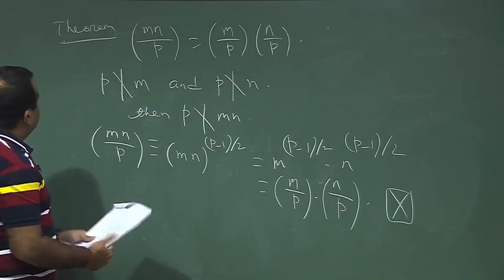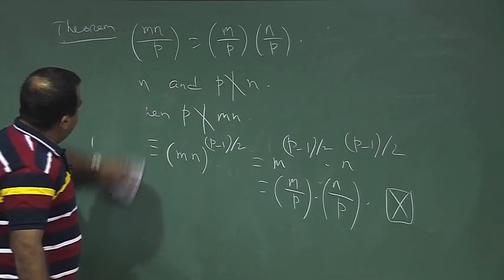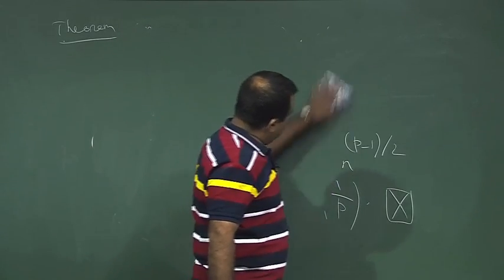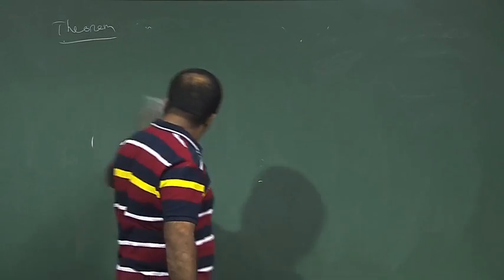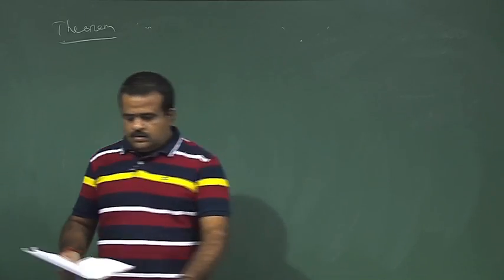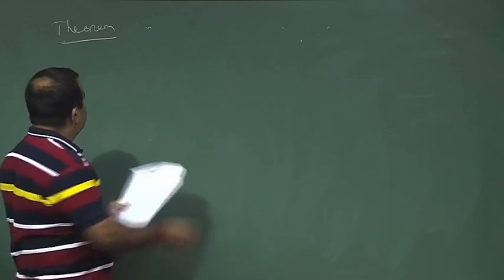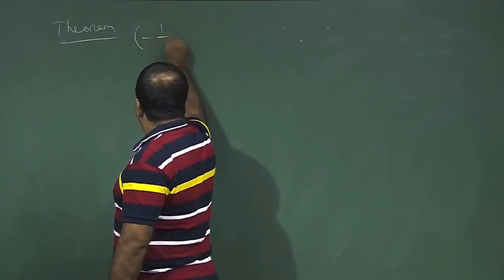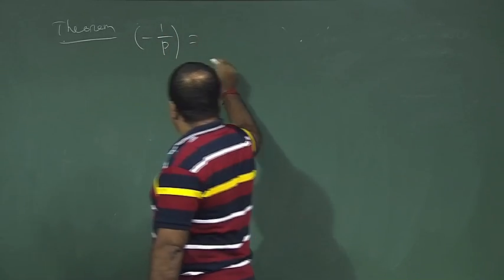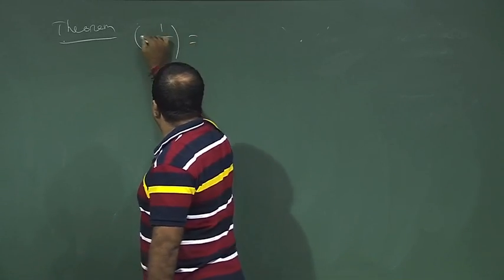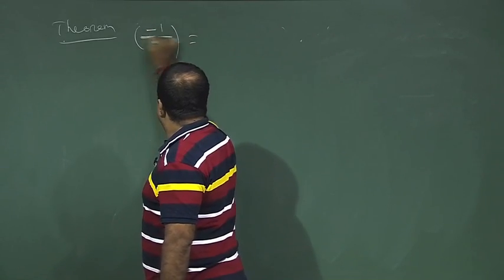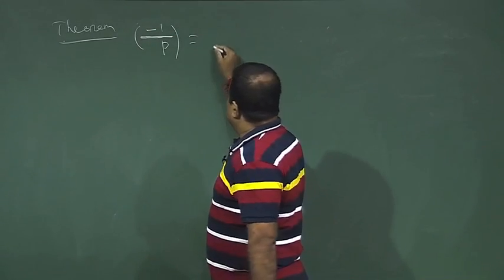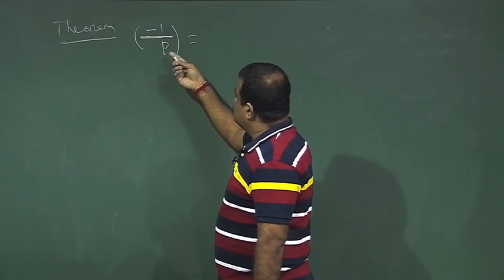Now, another theorem which comes directly from Euler's result. This is telling us what (minus 1/p) is.